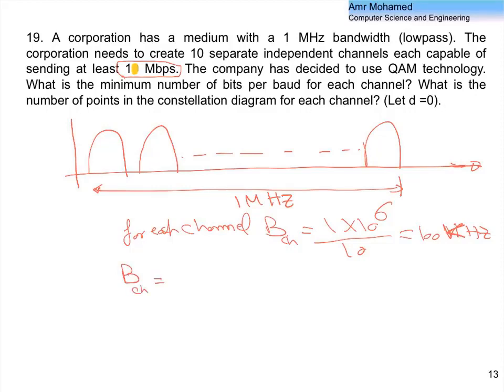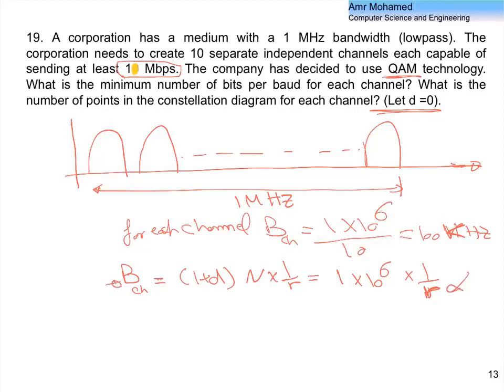So we know that this bandwidth equals (1 plus D) times S, and S is N times 1 over R. Here the D value is 0, so this is N, and N here is 1 megabit per second, so 1 times 10 to the power 6 times 1 over R. For QAM, we don't know the number of levels or the number of symbols that's used, and this is the missing part.